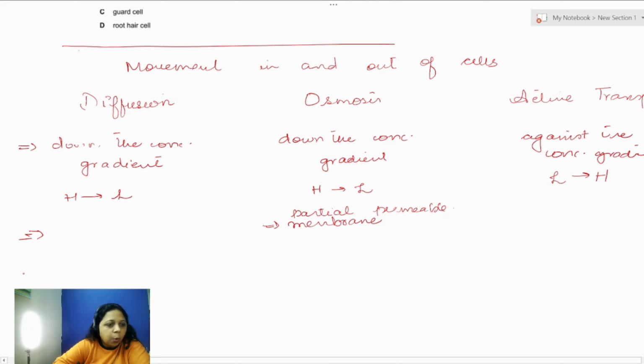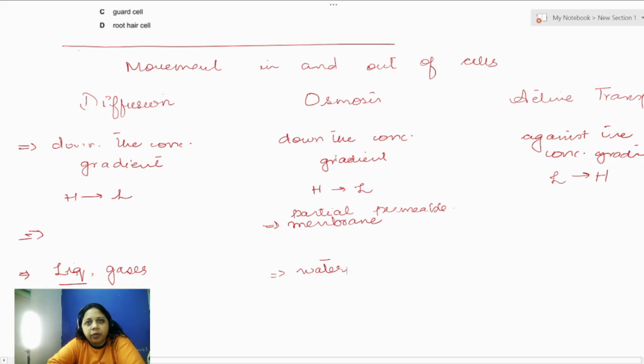What about the type of molecules that diffuse or that do osmosis? When we talk about diffusion, mostly liquids and gases diffuse. But when we talk specifically about water, then we have to give the term osmosis.